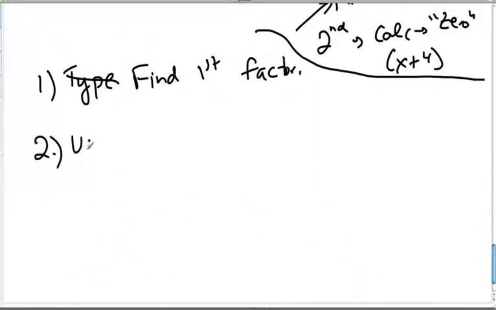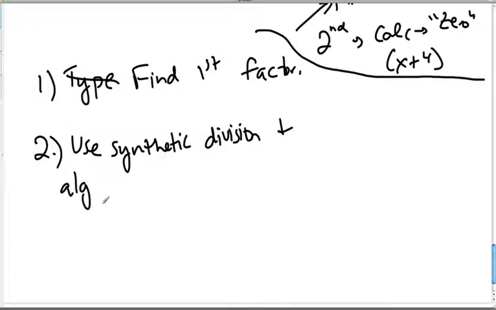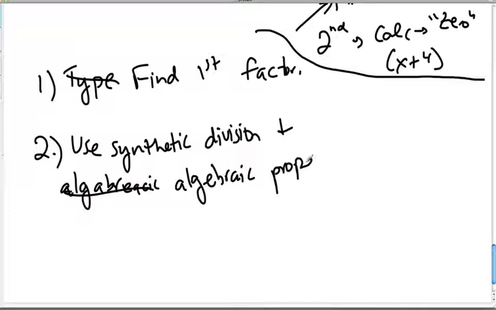Next, use synthetic division and algebraic properties to find the remaining solutions, be they real or be they imaginary. I definitely spelled that wrong.